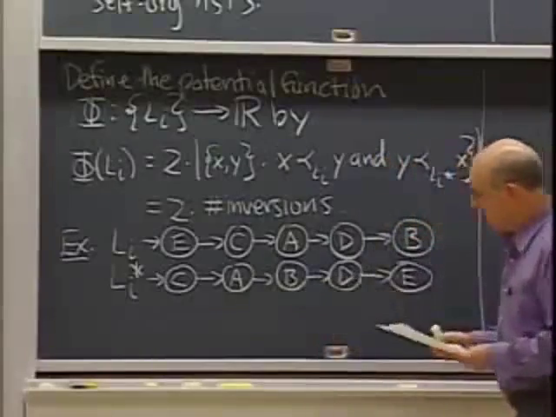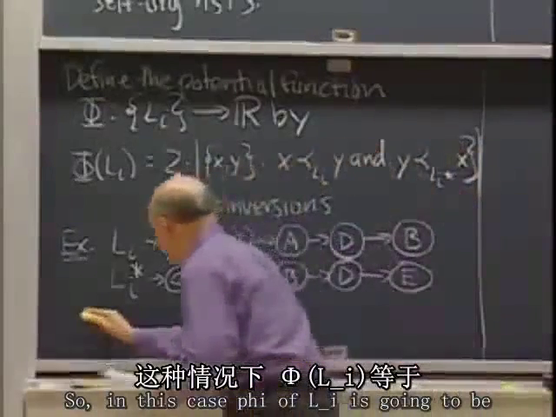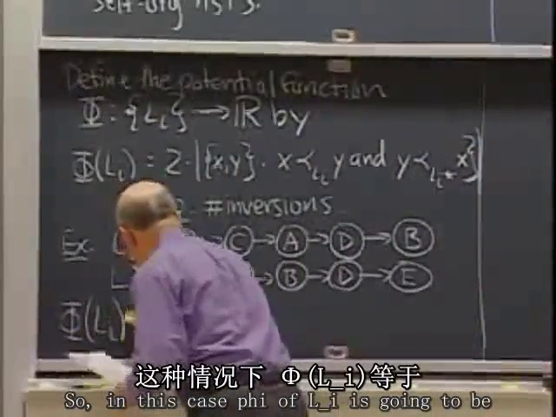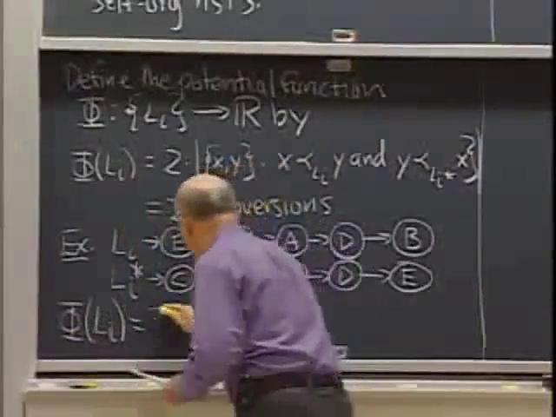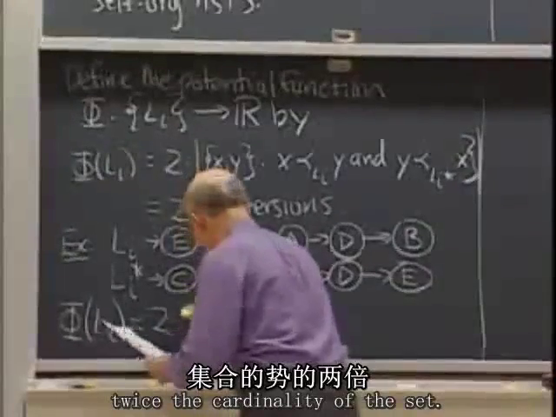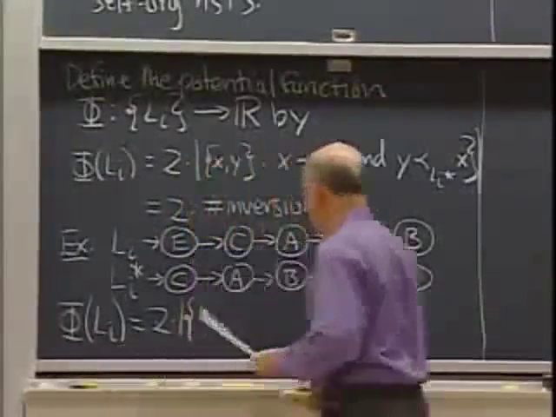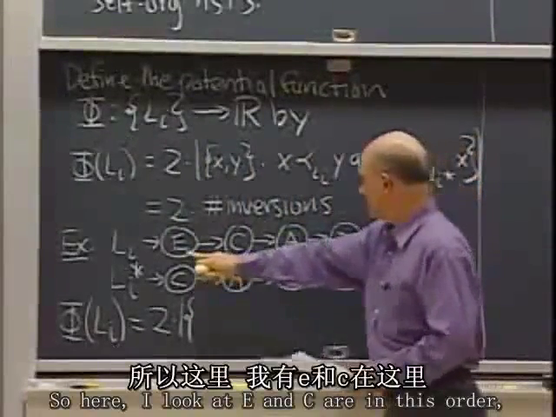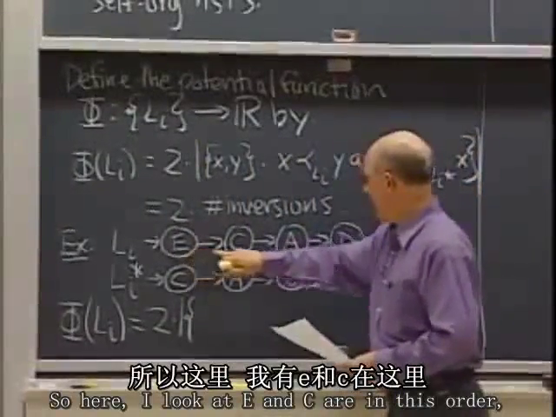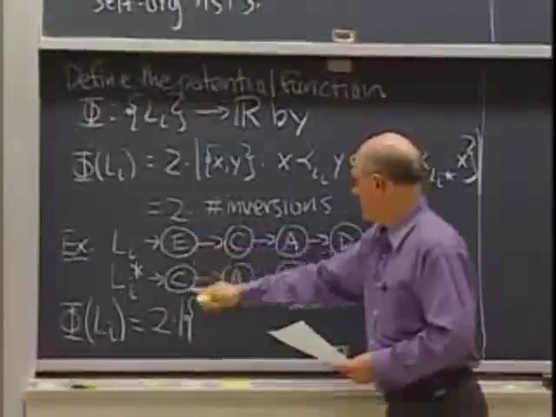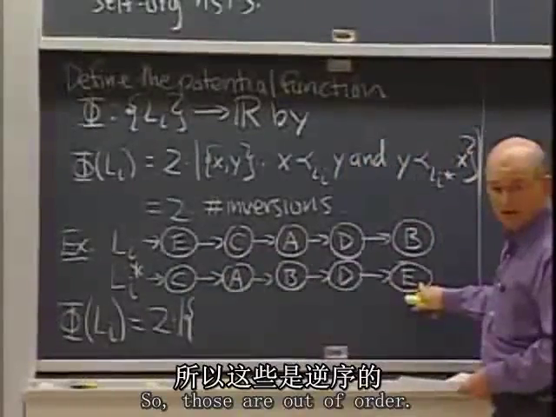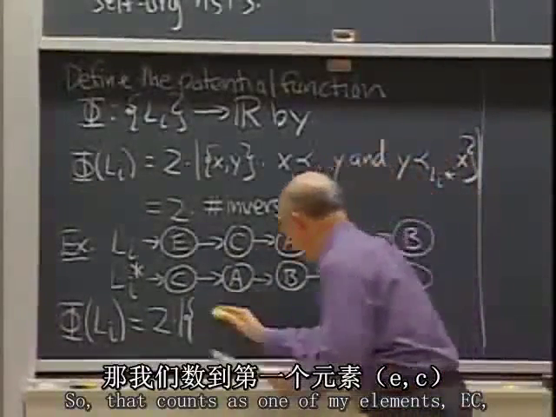Okay, so in this case, phi of Li is going to be twice the cardinality of the set. So what we want to do is look to see which things are out of order. Here I look at E and C are in this order, but C and E in that order. So those are out of order. That counts as one of my elements, EC.